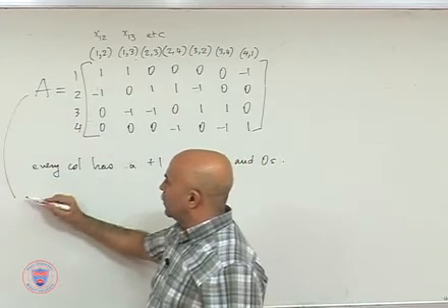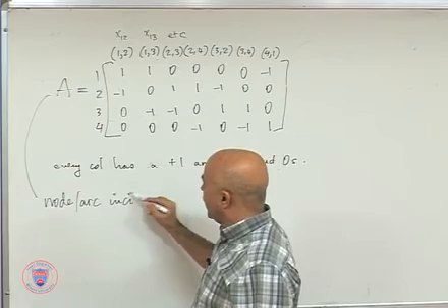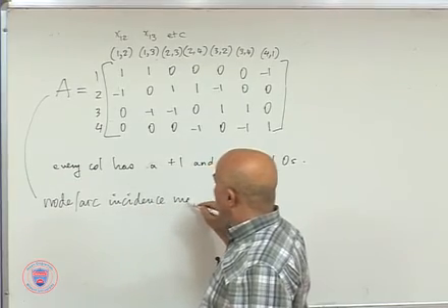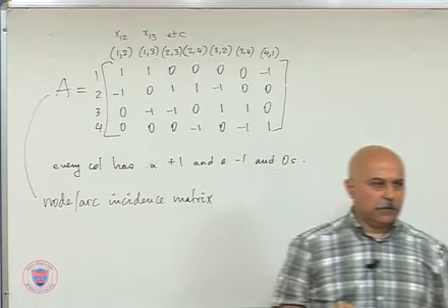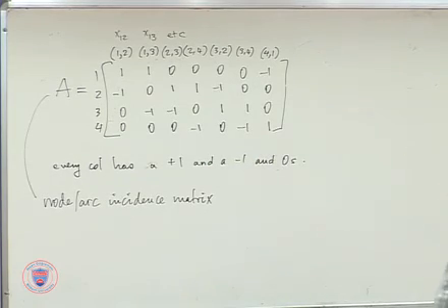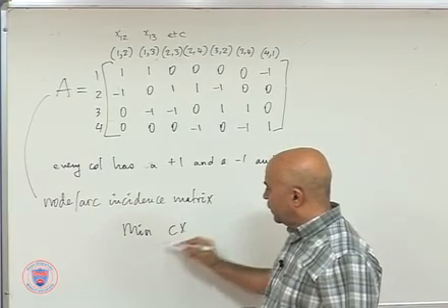This is called the node arc incidence matrix. From now on, we will be using that particular matrix to refer to minimum cost network flow problems in compact form. We'll just use this form.